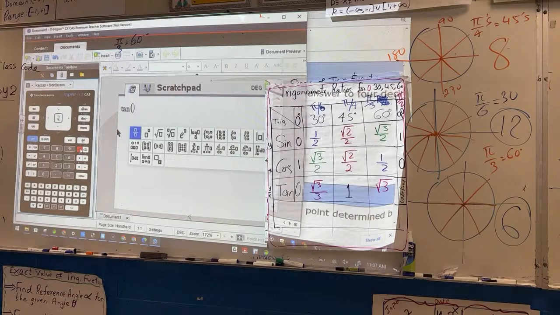Remember x, y? So we write x, y, cosine and sine, agree? That's all you need to know. So which quadrant are you already in? Oh, you're done. There's nothing to do.